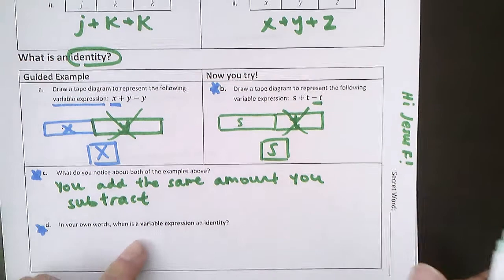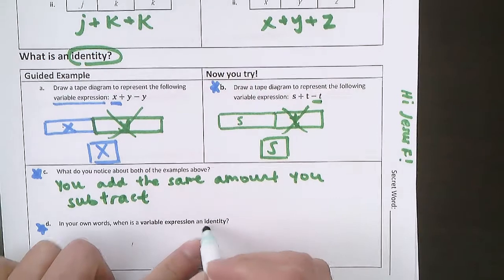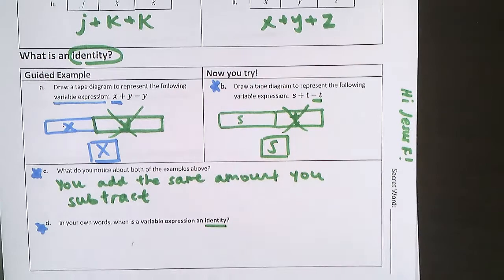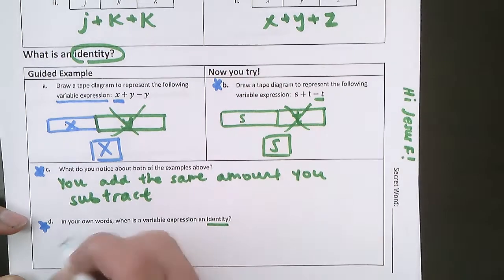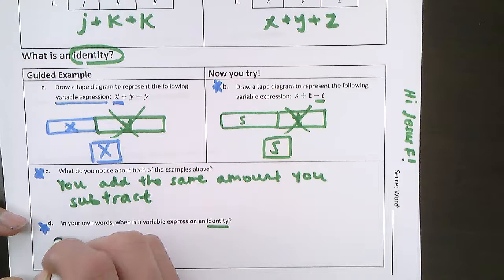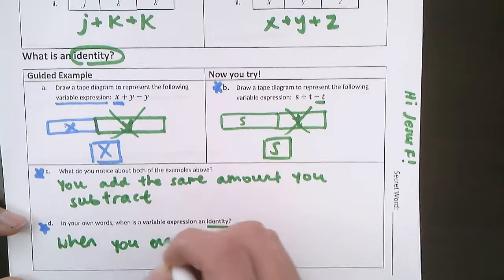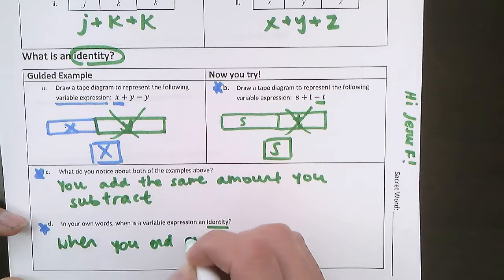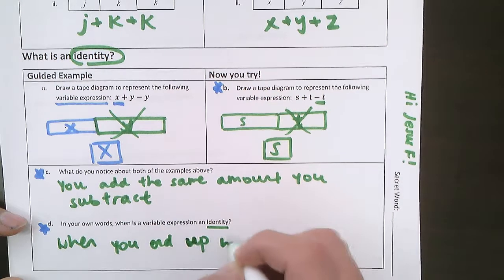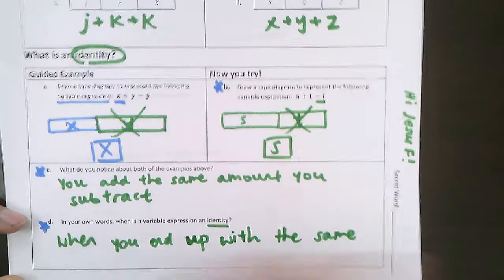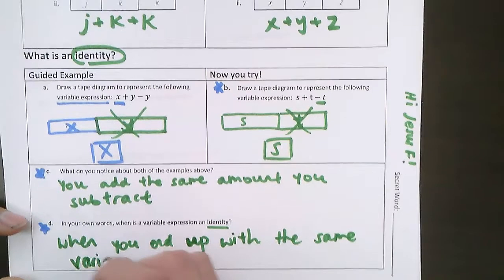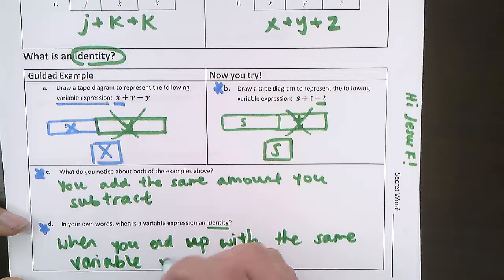And in your own words, when is a variable expression an identity? Remember, identity is when you end up with the same thing that you start with. So in terms of variables, it is when you end up with the same variable you started with.